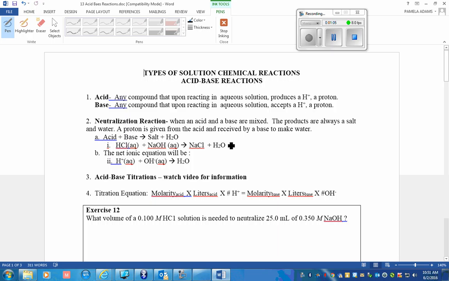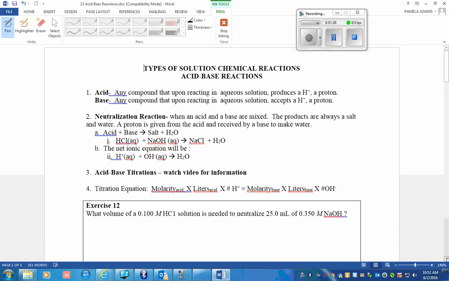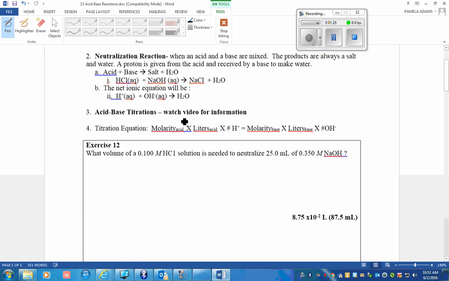The net ionic equation, when we take out those things that are the same on both sides of the equation, looks like this. A really short way to look at an acid and base titration for right now is to know that at the equivalence point, at the neutralization point, the moles of the acid are equal to the moles of the base.